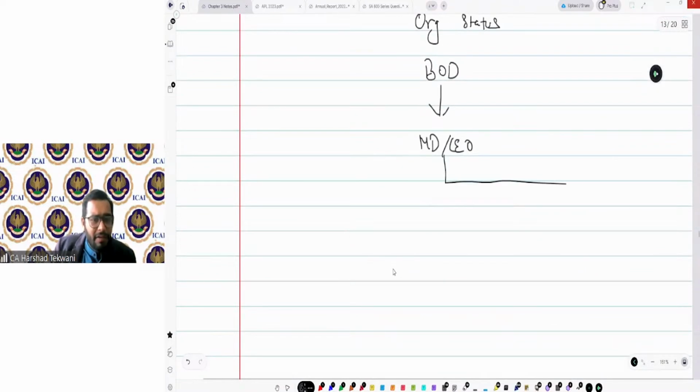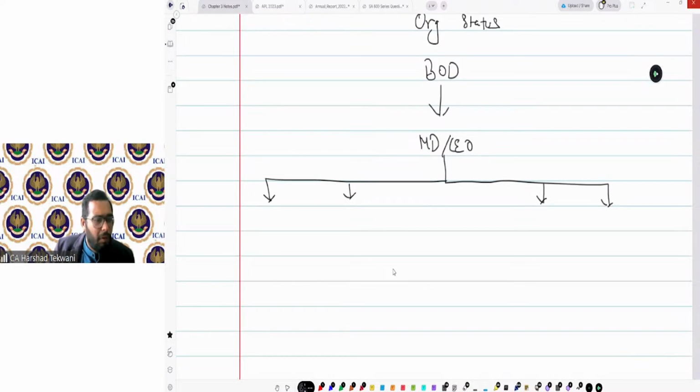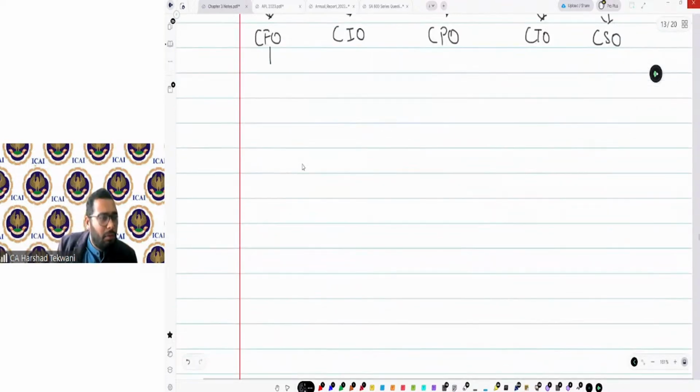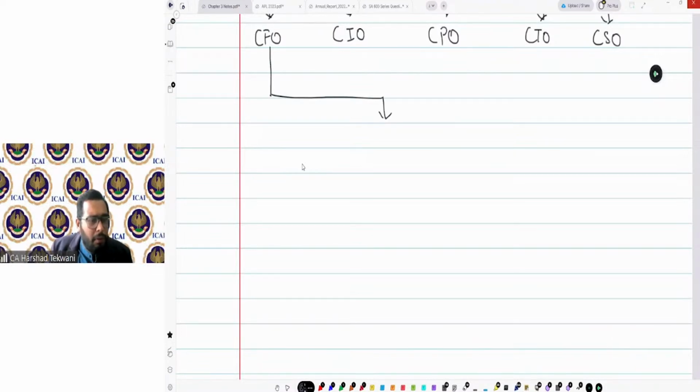Under that I have various officers: a CFO, a CIO (Chief Information Officer), a Chief Technology Officer, a Chief Sales Officer, a Chief Procurement Officer (CPO), and so on. Under the CFO I have VP Governance and VP Finance.